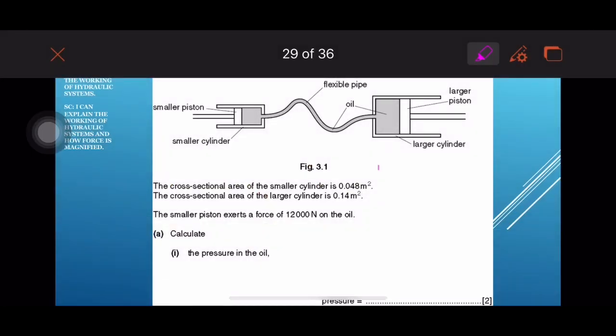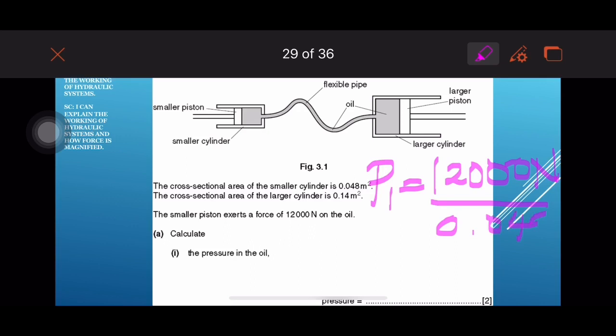So P1 is equal to F1. F1 is 12,000 newtons divided by A1. A1 is 0.048 meters squared. So to calculate that, 12,000 divided by 0.048 is equal to 250,000.